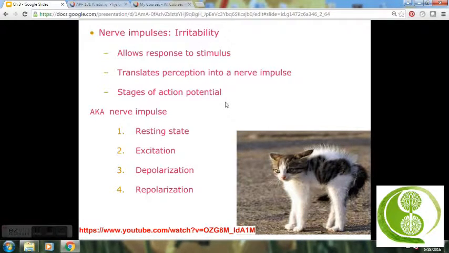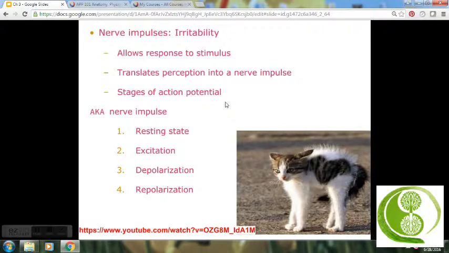Then you have the depolarization stage. This is where the membrane becomes more permeable to sodium, and sodium diffuses into the cell, rushing from the high sodium concentration outside to the low sodium concentration inside. With the extra sodium inside the cell, the membrane becomes depolarized, meaning the negative and positive charges on either side of the membrane are balanced.